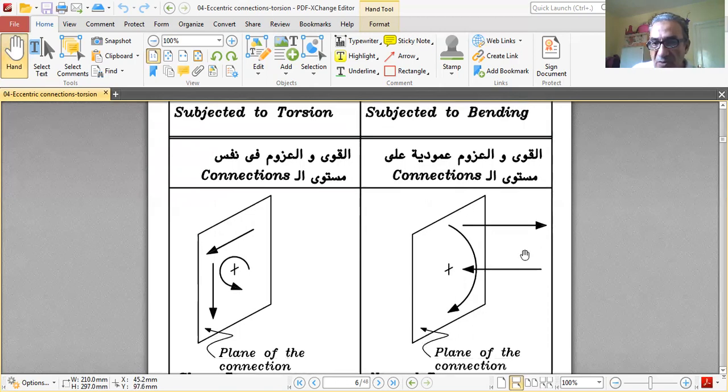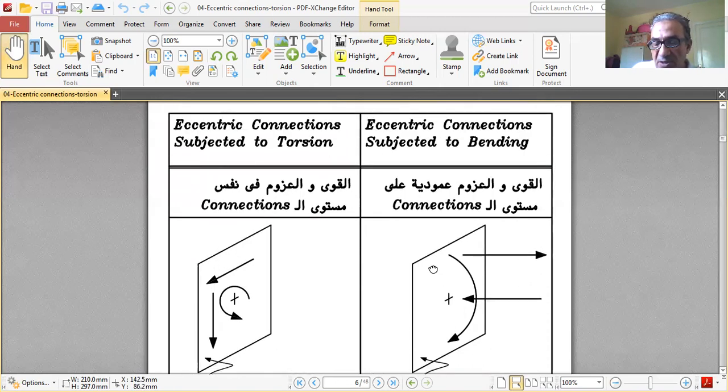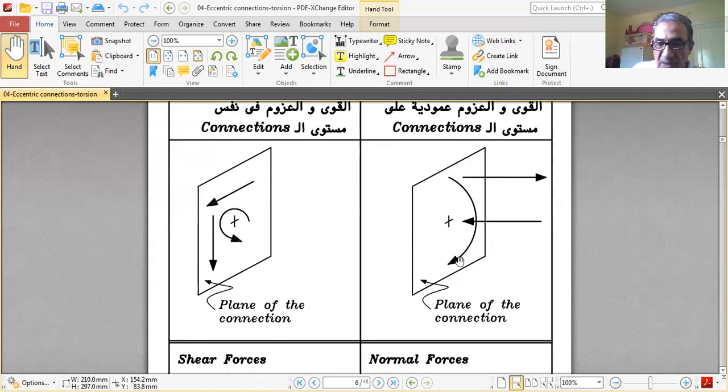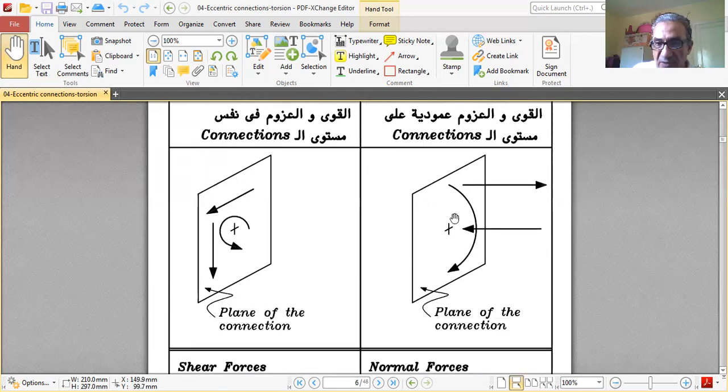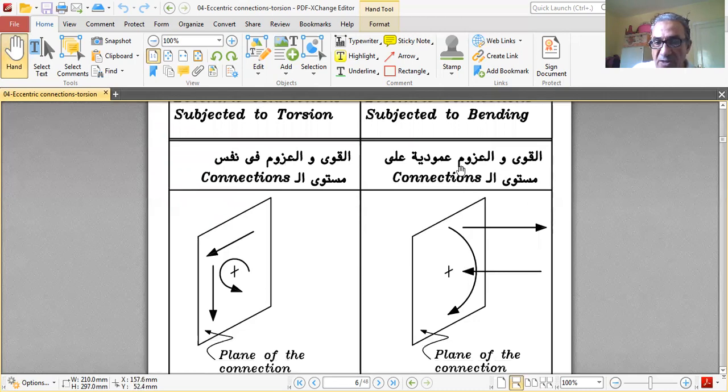But for a connection subject to eccentric bending moment, we have forces outside the surface, and moment even outside the plane of the section. So forces and moments are perpendicular to the plane of the connection.